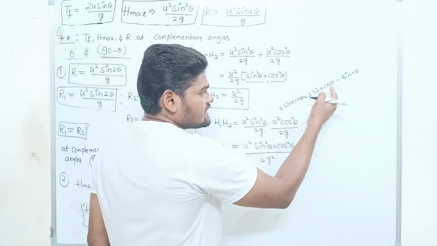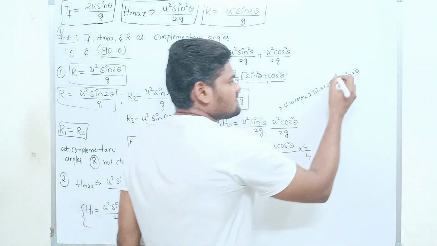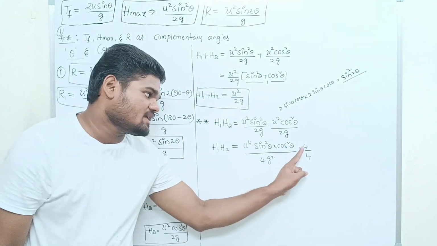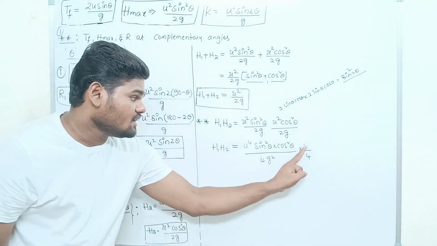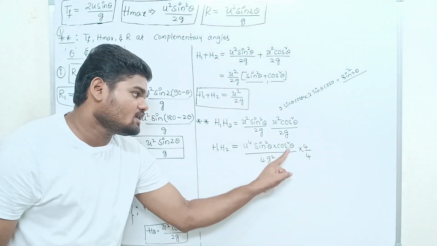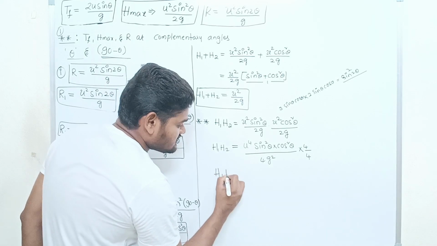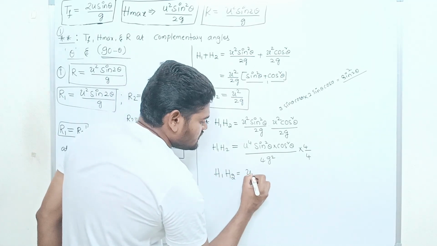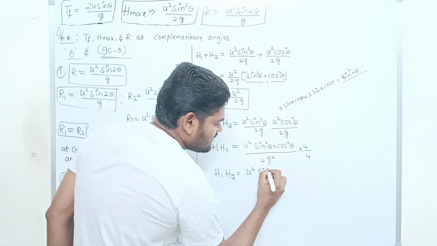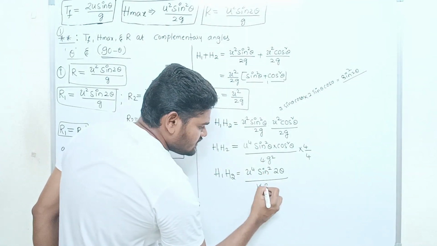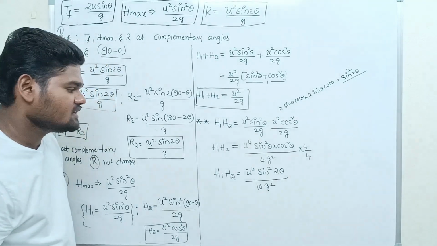Now 4 sin square theta cos square theta is equal to sin square 2 theta. That's why I just multiplied this equation with 4. So u power 4 sin square 2 theta divided by 4 into 4, 16 into g square.